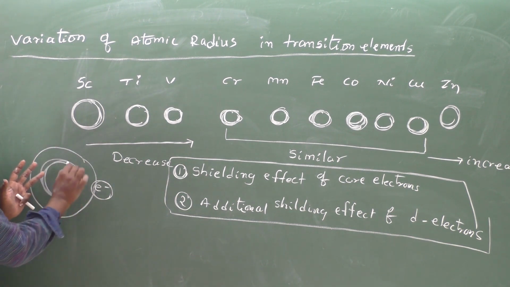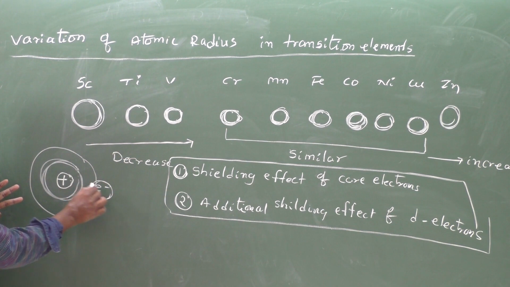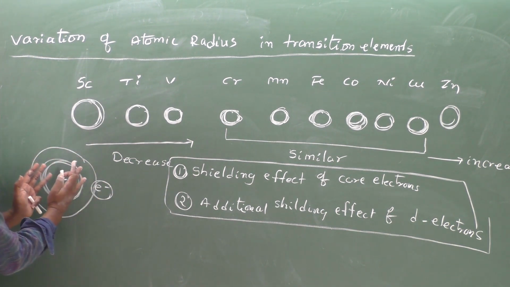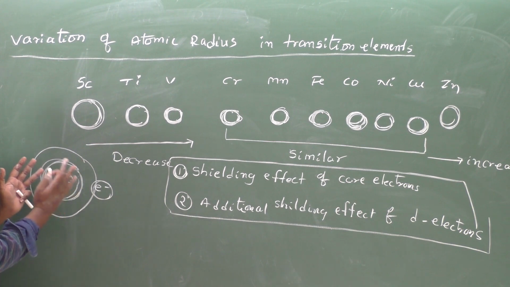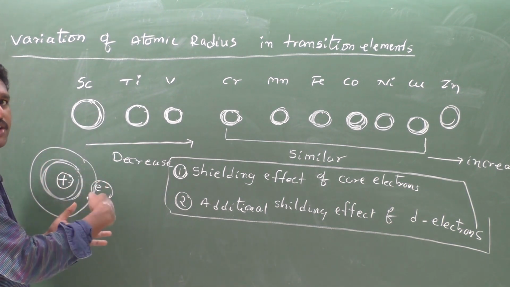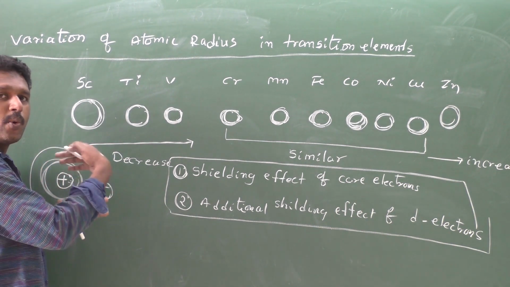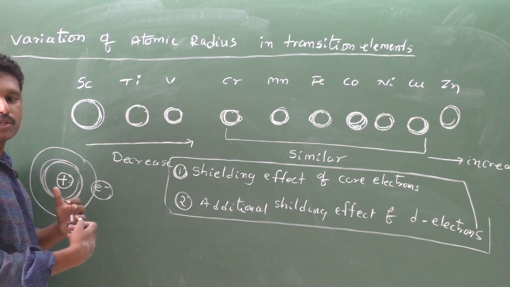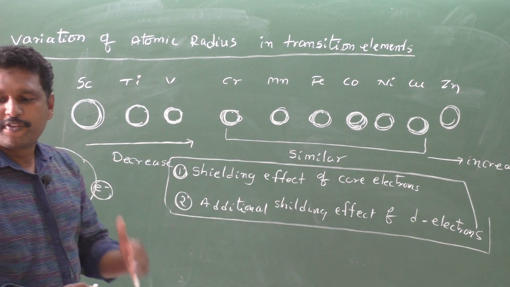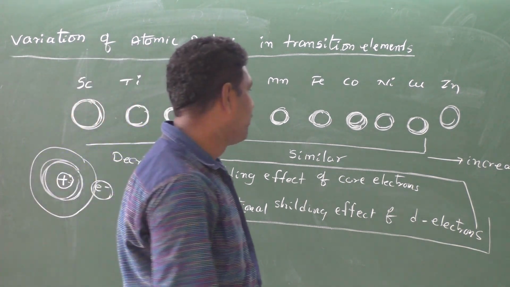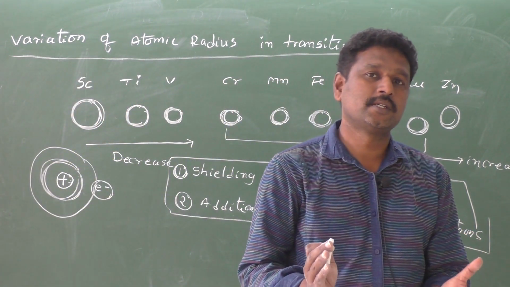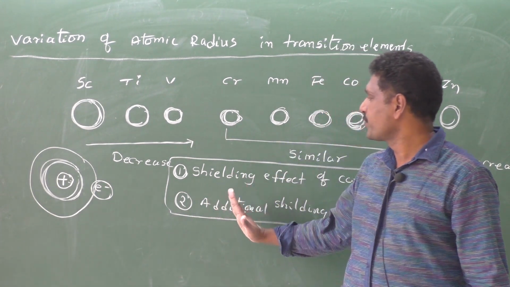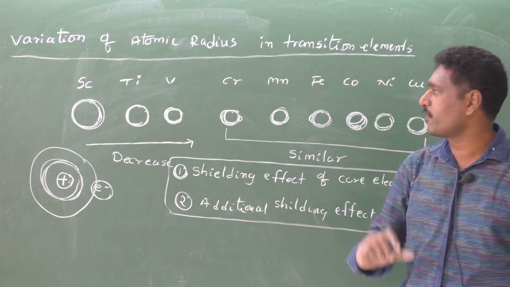The electrons present in between the nucleus and the outermost orbit act as a screen and reduce the attraction of the nucleus over the outermost electrons. That is one of the reasons. That is the definition of shielding effect.